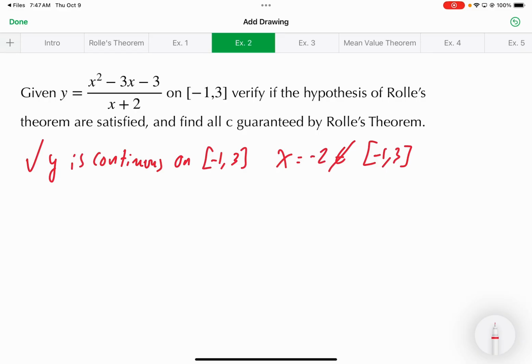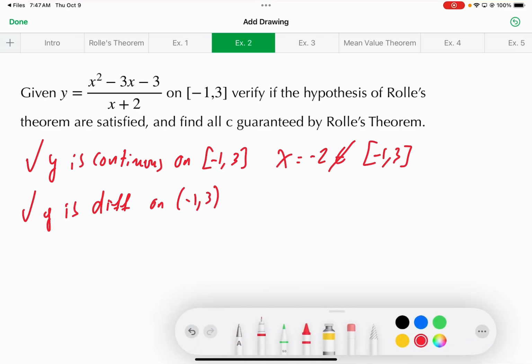So I would have the quantity x plus 2 squared in the denominator, which again, -2 makes undefined. So it would make my y function not differentiable, but not in my interval, so I'm cool. So y is differentiable on my open interval from -1 to 3.